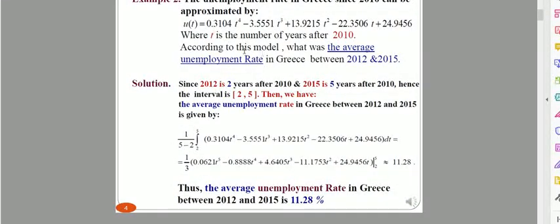This exercise is important, where we are given the unemployment rate in Greece since 2010, and t is the number of years after 2010, which means that we have a timeline starting from 2010.